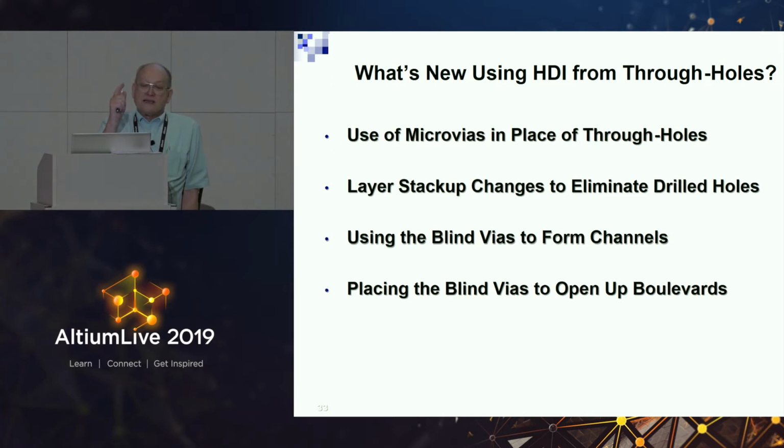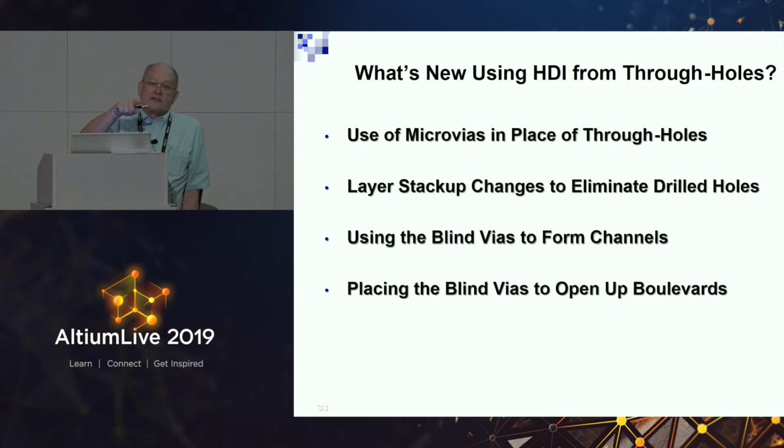And look at layer stack-up changes to eliminate the drilled holes. So one of the things, you do not want to have a stack-up like you have in multi-layers. For one thing, typically you will have surface mount on layer 1 and a ground plane on layer 2 and a signal on layer 3, let's say. You now have enough room to eliminate layer 2.